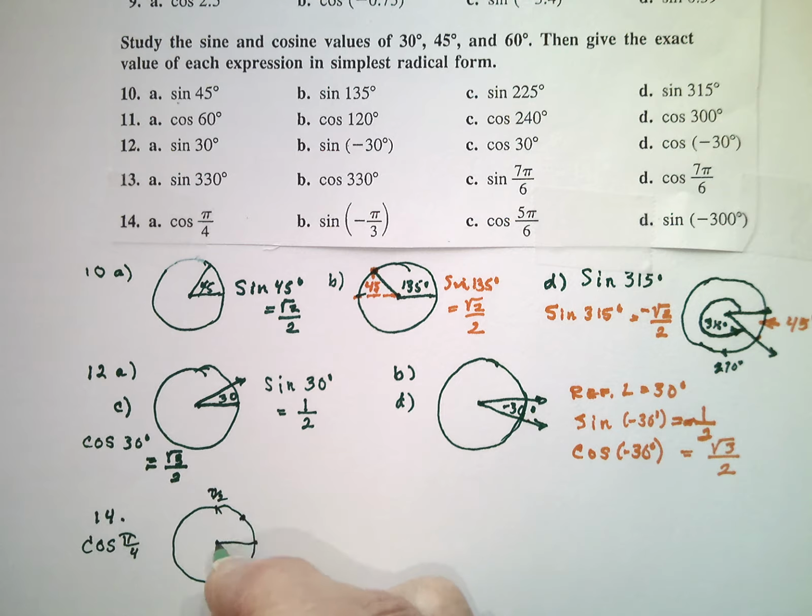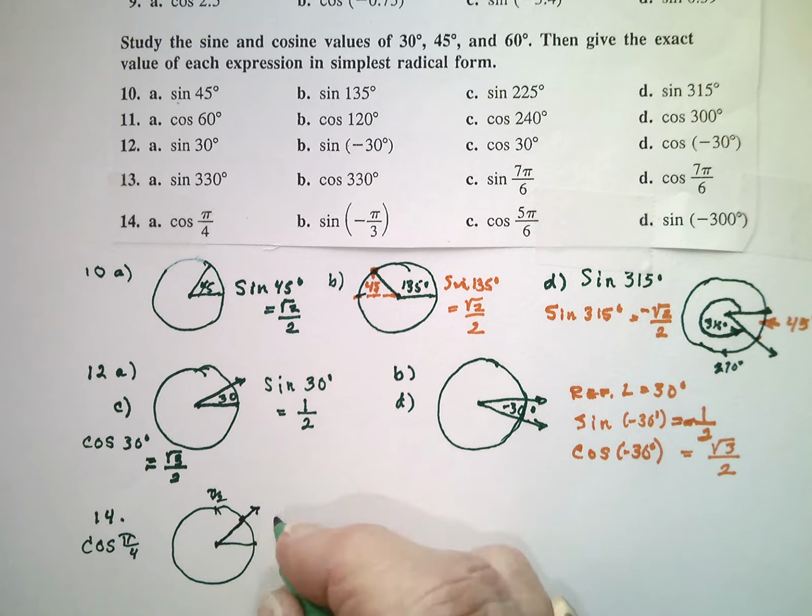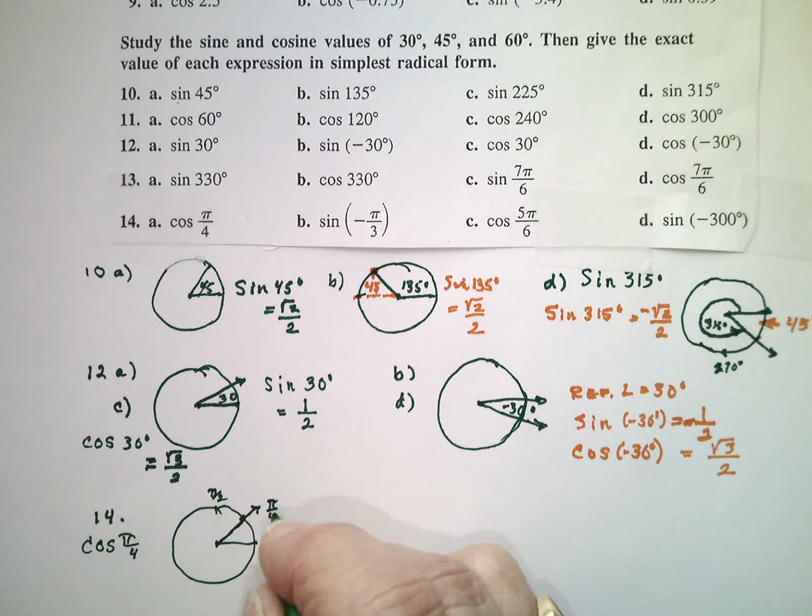So pi over 4 is going to have to be coming right out through here. It is in the first quadrant. It's its own reference angle.